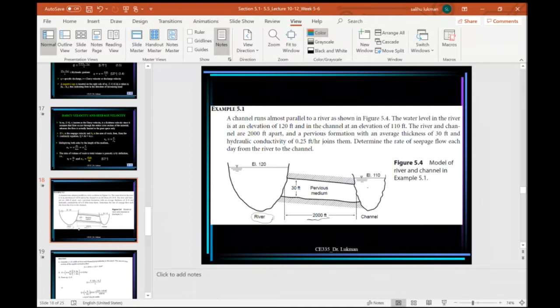The river is at higher elevation, meaning higher energy and higher pressure, so water will seep from the river through the pervious medium to the channel.